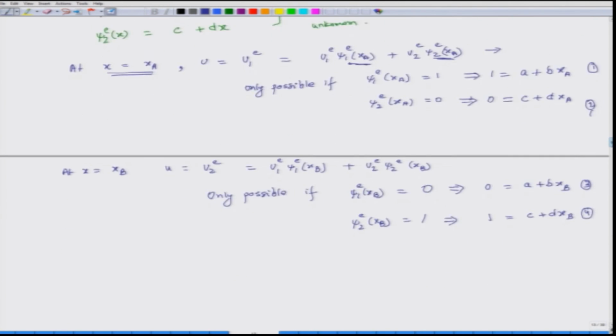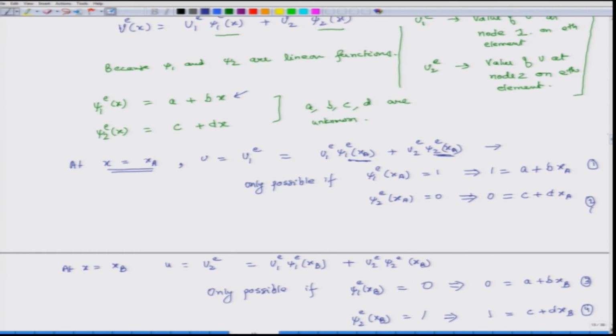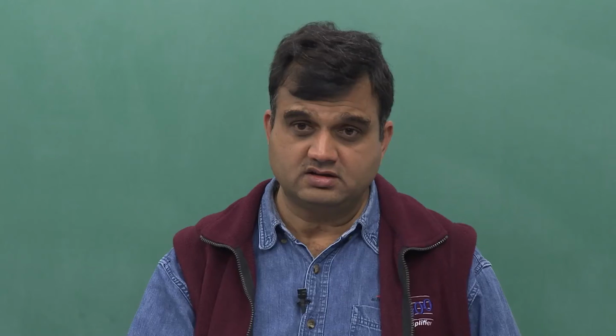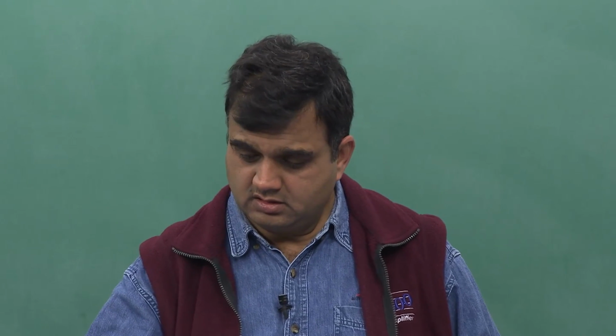I have 4 equations and 4 unknowns a, b, c, d. So, I can solve for a, b, c, d, right, and I can plug them back into these relations, and once I do, I get the mathematical expressions for psi 1 and psi 2. Agreed?